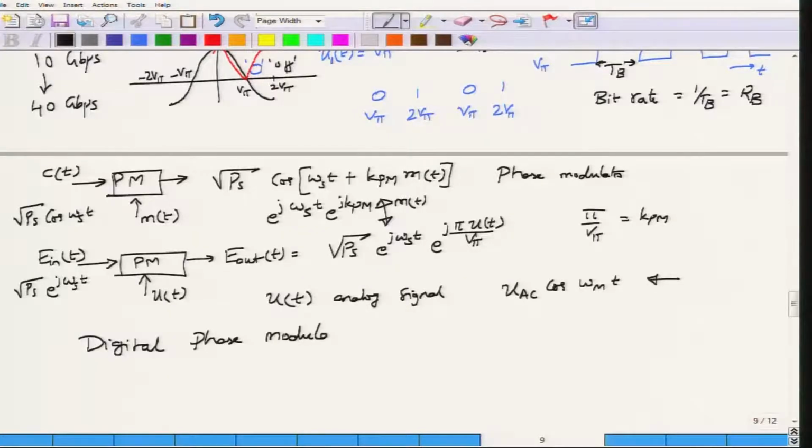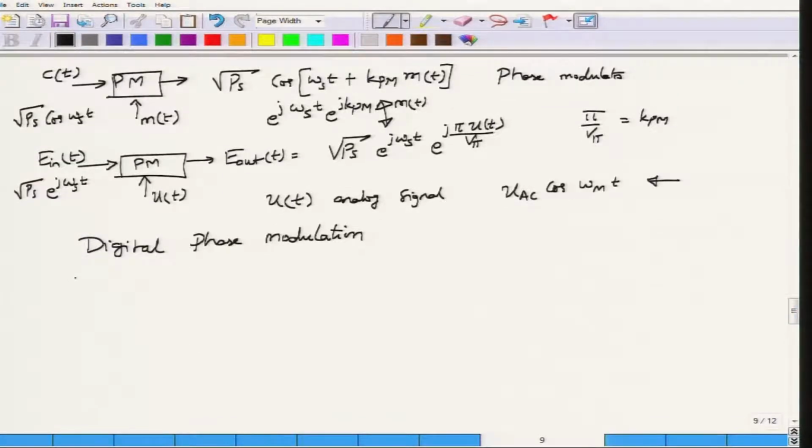Okay. What do we mean by digital phase modulation? Let us consider the simplest case of what is called binary phase shift keying. This is abbreviated normally as BPSK. PSK stands for phase shift keying, B stands for binary.